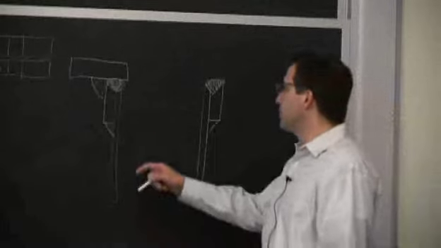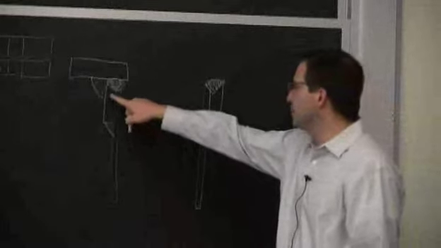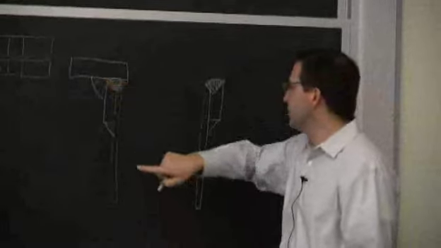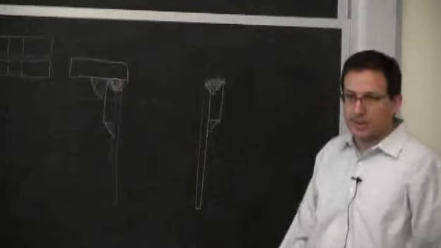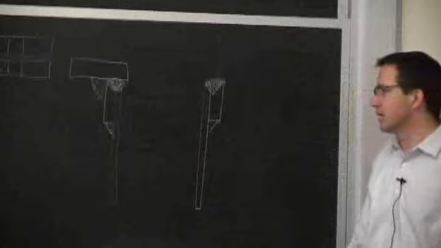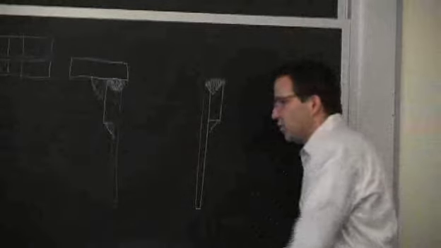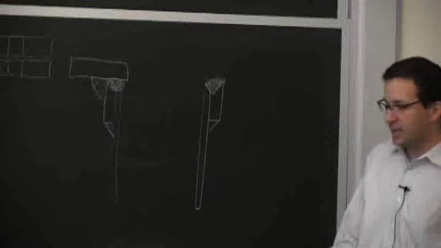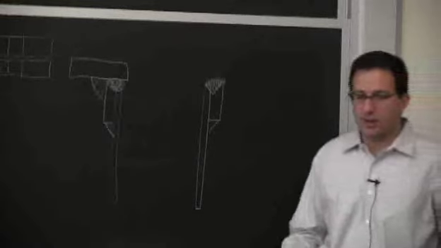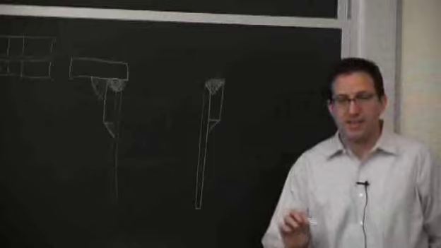You could integrate this piece into this one, but then you have to worry about making that weld correctly to connect the two sections together. So this would be something. A lot of the ASME designs include things like that.